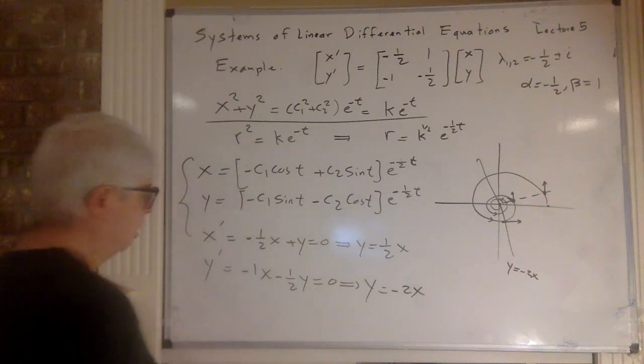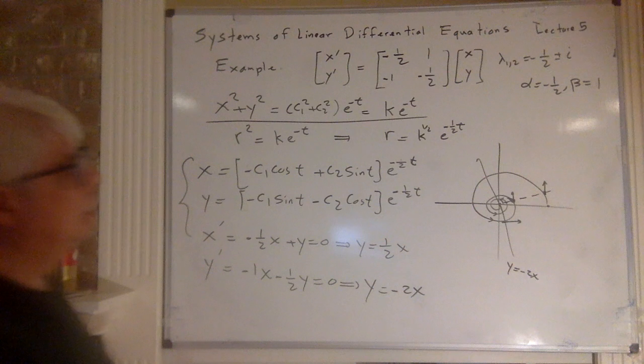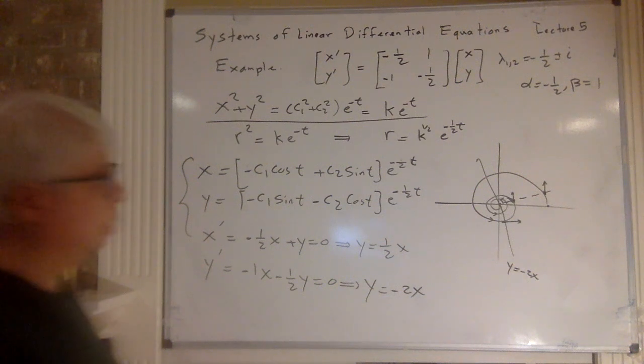Y equals minus 2x: the velocity should be in the direction of x, not the direction of y. Okay, so that is these two examples for you.